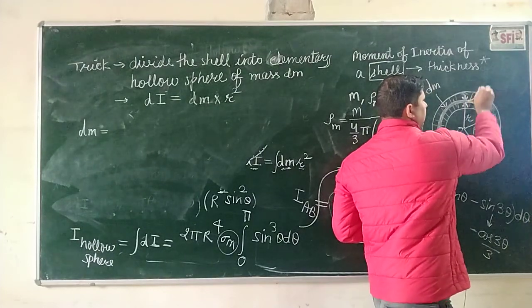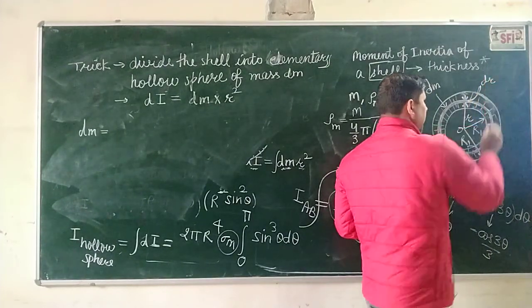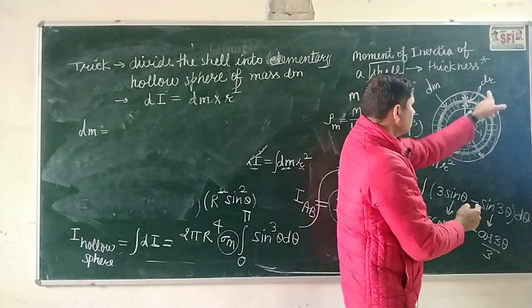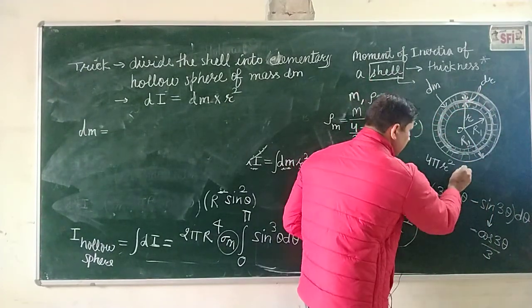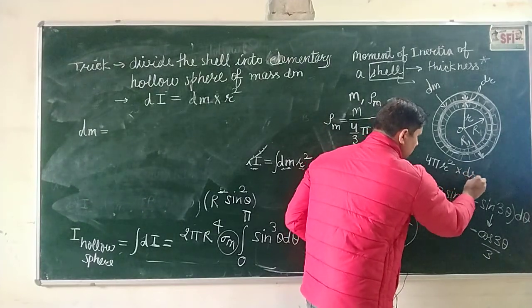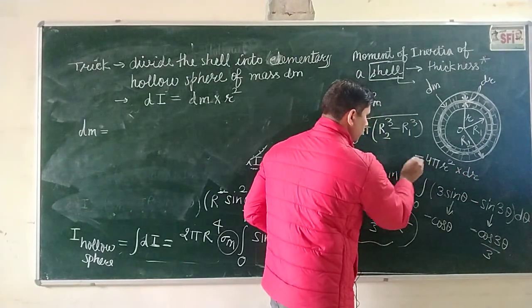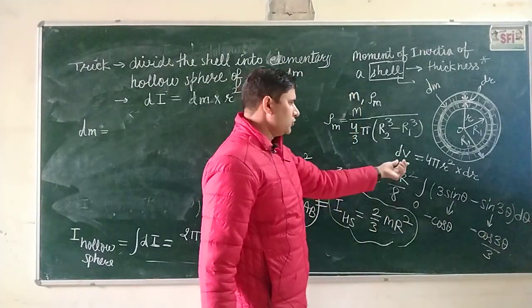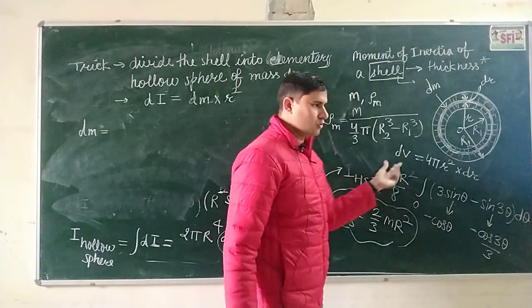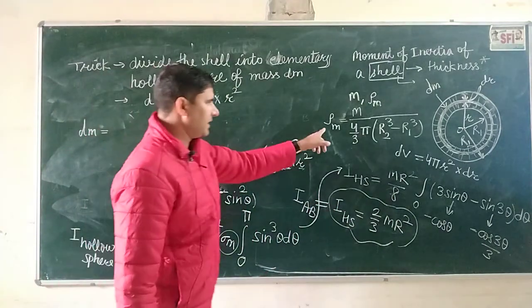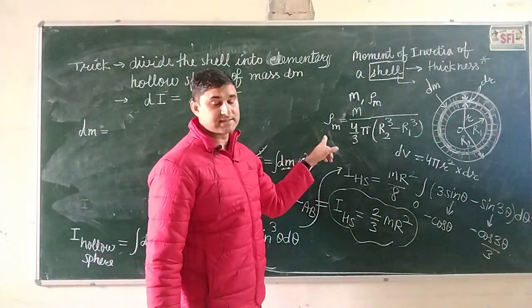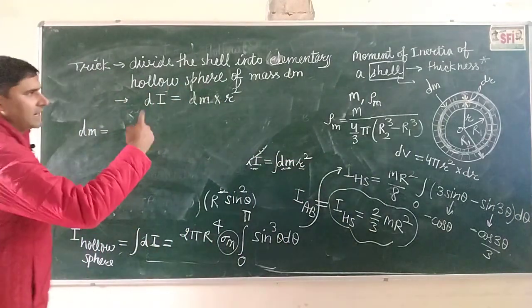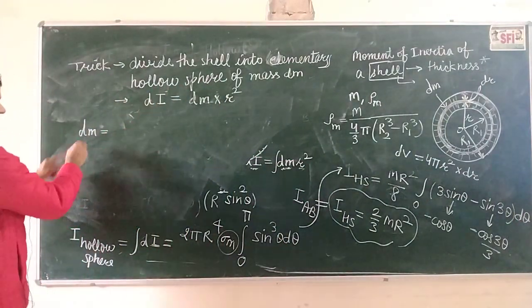So here I have taken this thickness dr. You are to multiply the curved surface area with dr thickness, then you will get the volume. So this will be the volume dV, I am writing here. If you multiply it by the volume mass density, then you will get the mass of the elementary hollow sphere, that is dm.